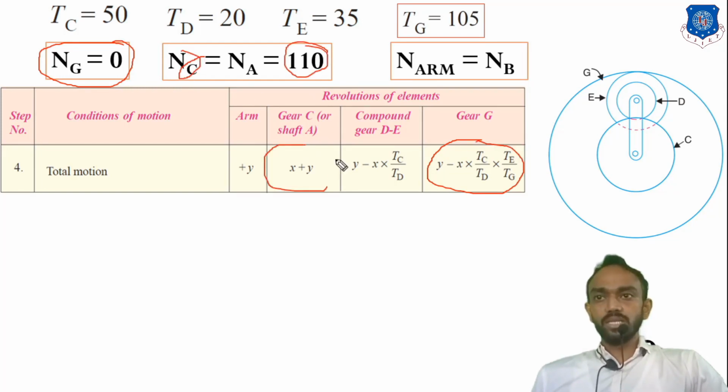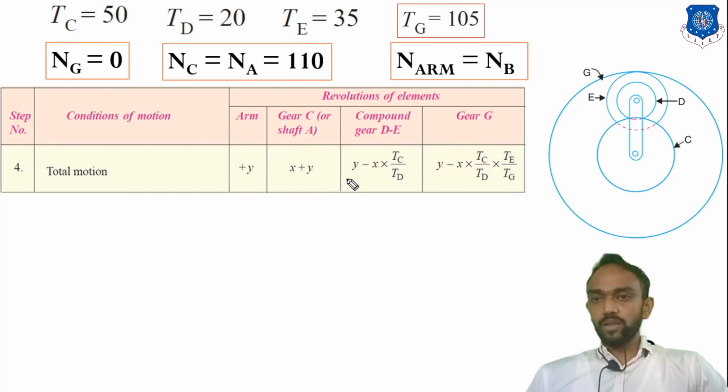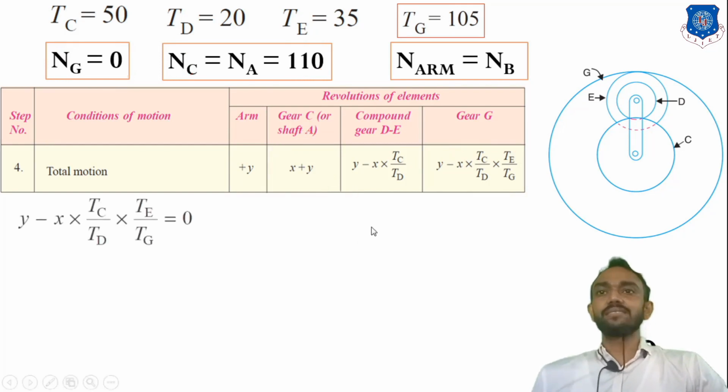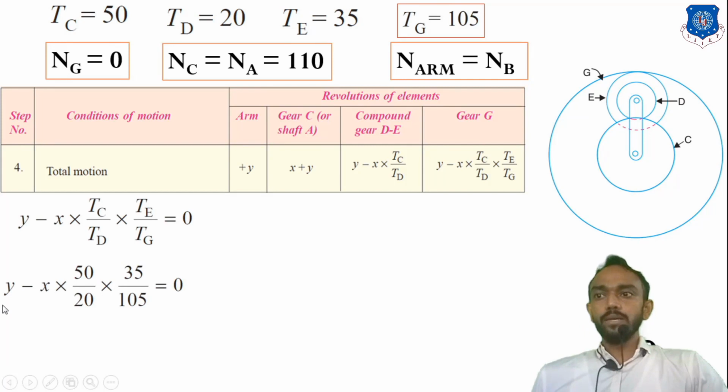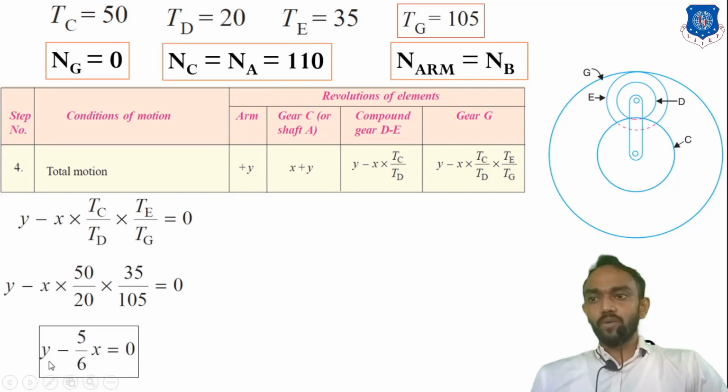Using these two we have equations for x and y, and we solve them. So here the equation is y minus 5 by 6 x is equal to 0.